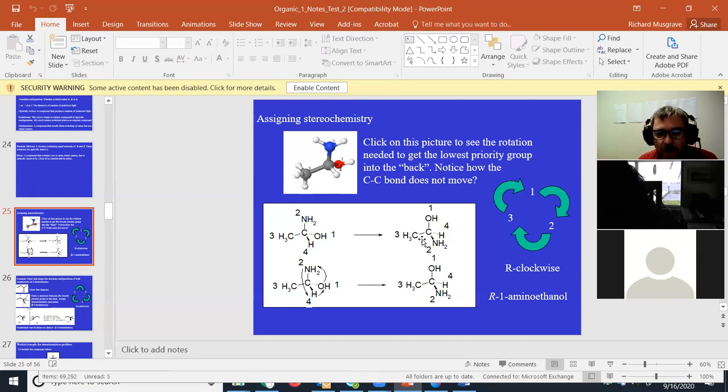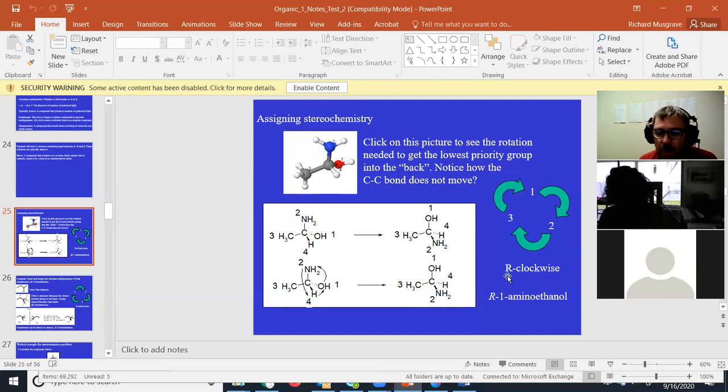And this is what I did here. I left this CC bond the same, and then I just rotated it like an airplane propeller. By doing that, I'm not changing the compound. All I'm doing is putting the hydrogen at the back, and then I look at the order of the 1, 2, and 3, whether it goes clockwise or counterclockwise.